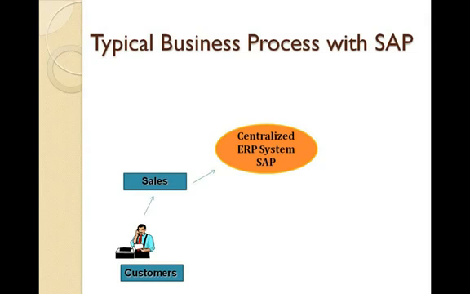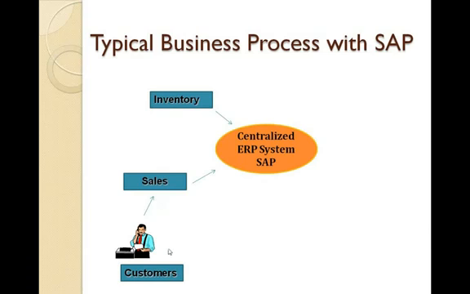What we are going to use here is SAP. Using this centralized ERP system, your inventory department has all the real-time information. There is no need to communicate with the sales department about how much quantity you require. You can use this centralized ERP system to get the real-time information.